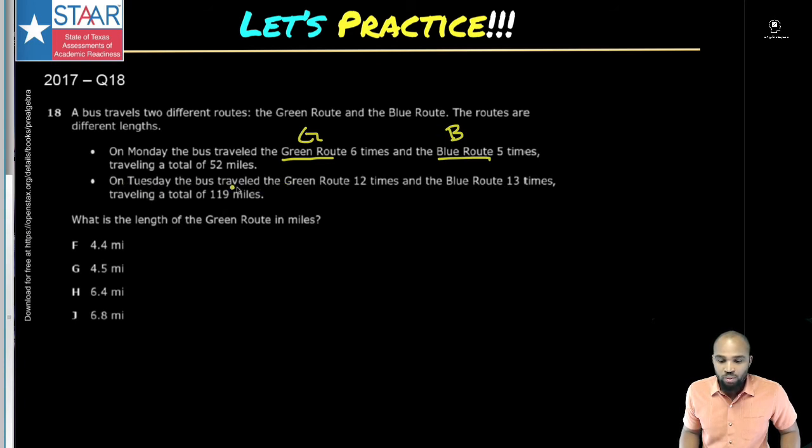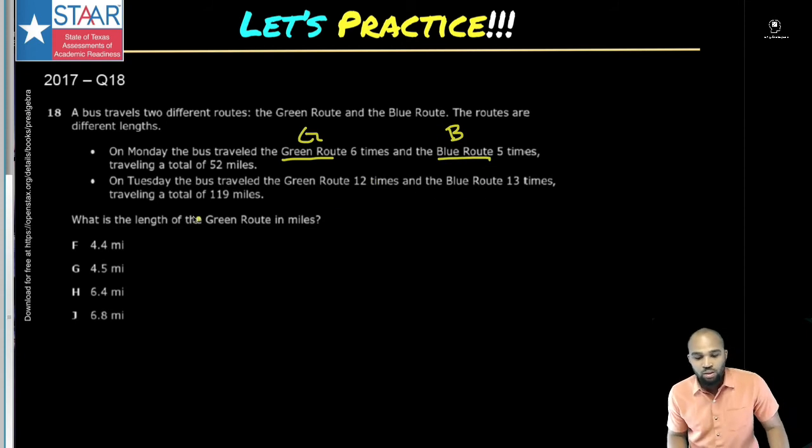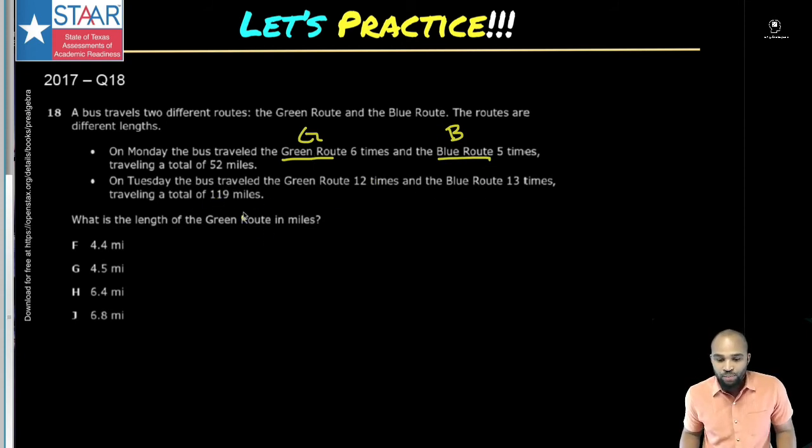Tuesday, the bus traveled green route 12 times and the blue route 13 times for a total of 119. So I can see that 6 times G, the length of G, is how long that bus traveled, because they want to know the length. And G is representing the length of the green route. So 6G, and I should have put a little g. I don't like to write that big number. So let's make that a little g. And I do want to do a big B, because B's look like sixes, and that gets confusing.